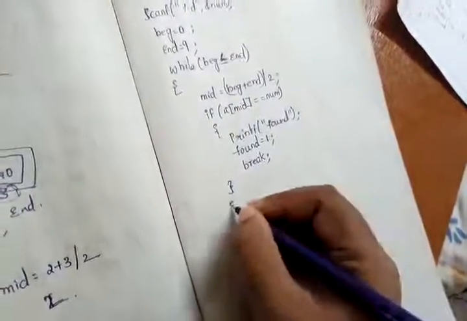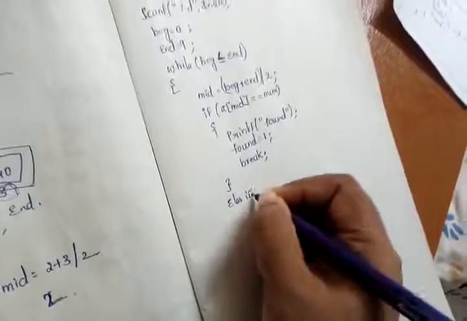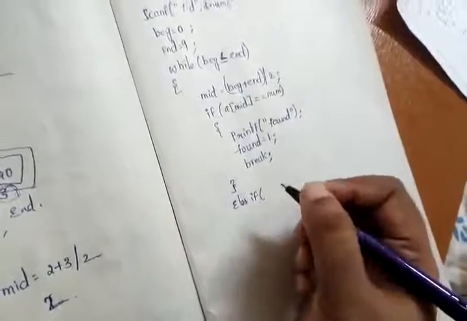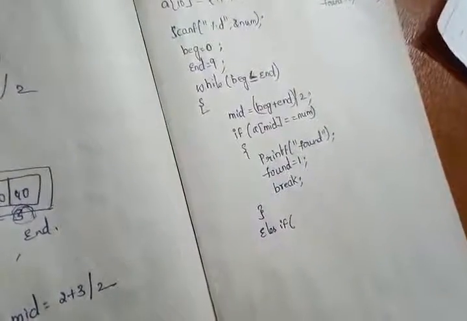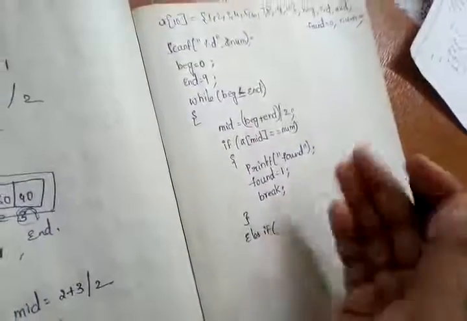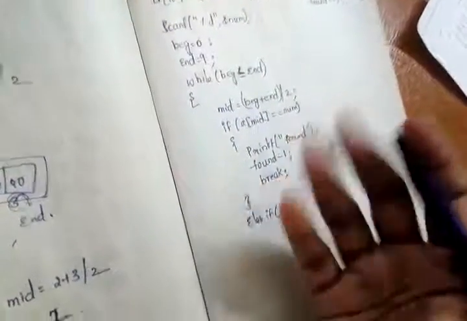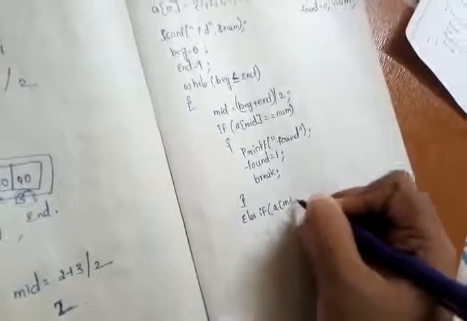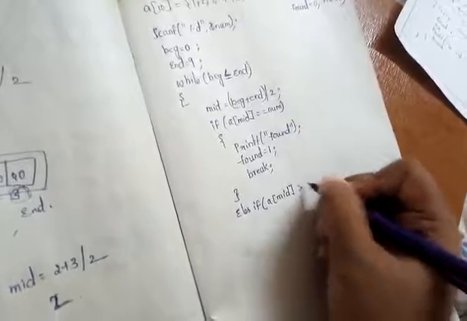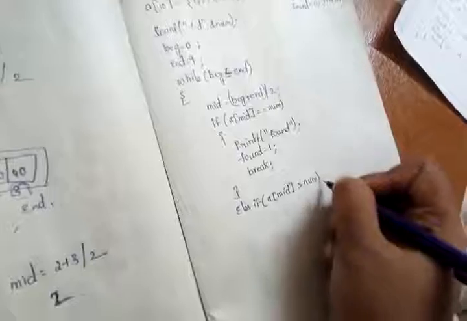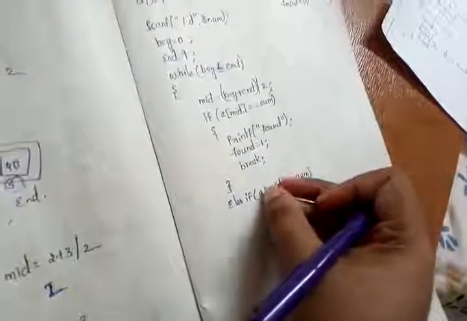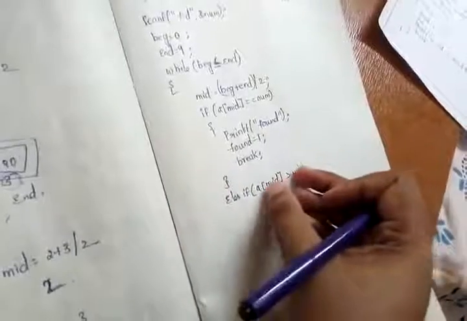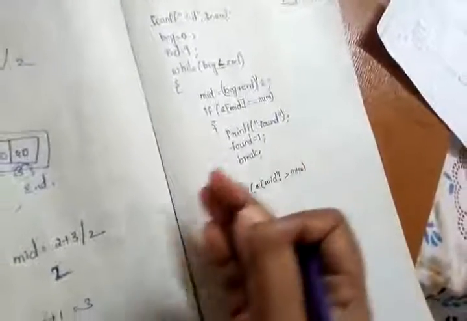If it is not matched, else, if it is not matched with the middle element, then what we have to do is compare whether it is greater than or less than the middle element. So if a of mid is greater than the number we need to search, that is, the number is smaller than the mid element, then you need to search the first half.